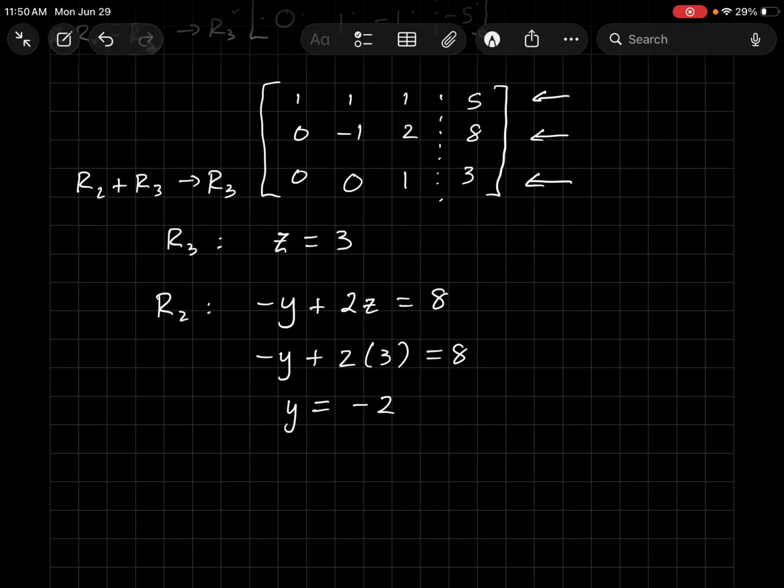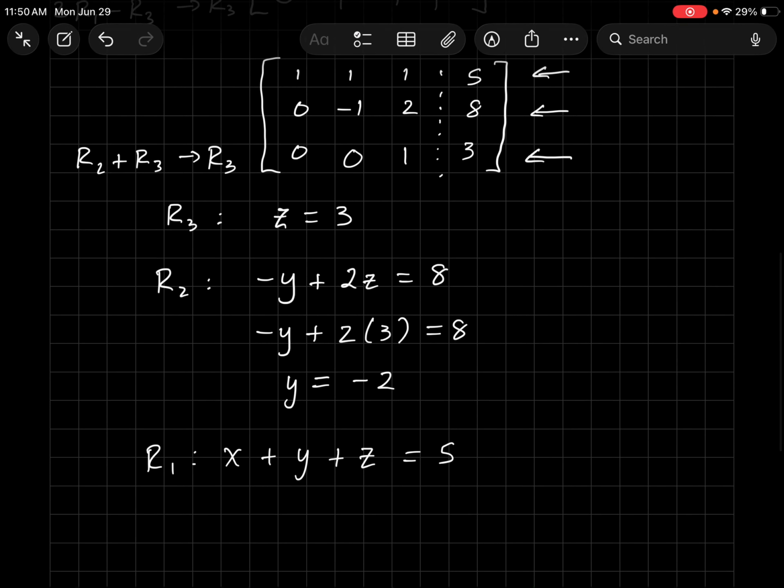And now I can go back to my first row, which says x plus y plus z equals 5. But I know what y is. So I have x plus negative 2, and I know what z is, so plus 3 equals 5.